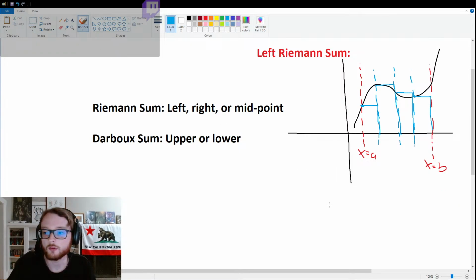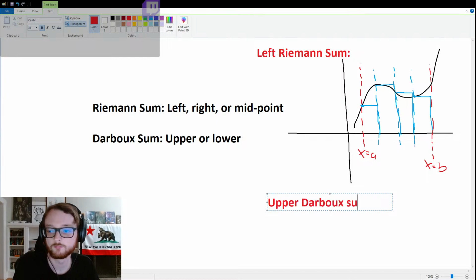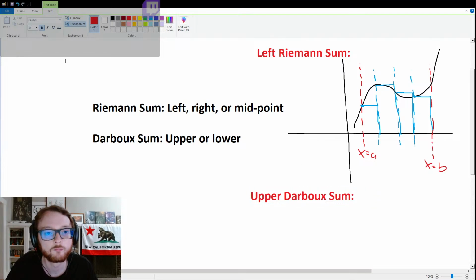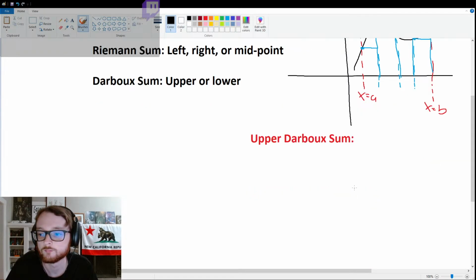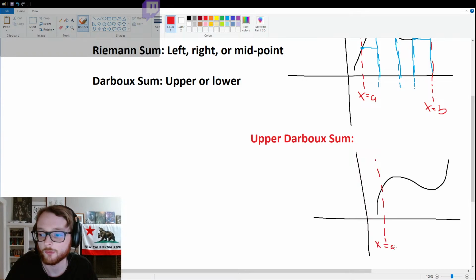But if you go now to, we'll take an upper Darboux sum, why not? Not drawing it quite the same, but it's supposed to be the same function. You divide it up into your same number of intervals, or partition it.